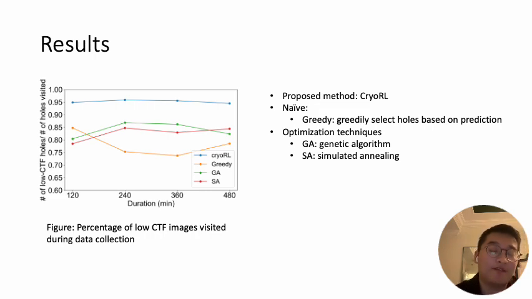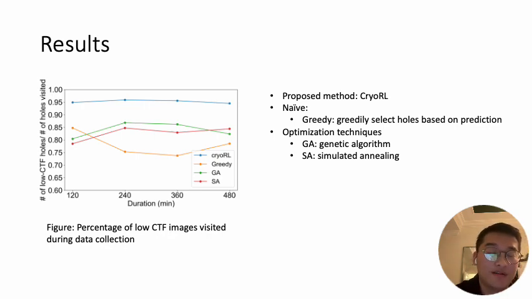We first give a very brief overview of the main result in this paper. Our proposed method is called CryoRL, and we compare it with a naive approach called greedy, where we greedily select holes based on the image classification quality score. And we also compare it with 2 optimization techniques called GA and SA.